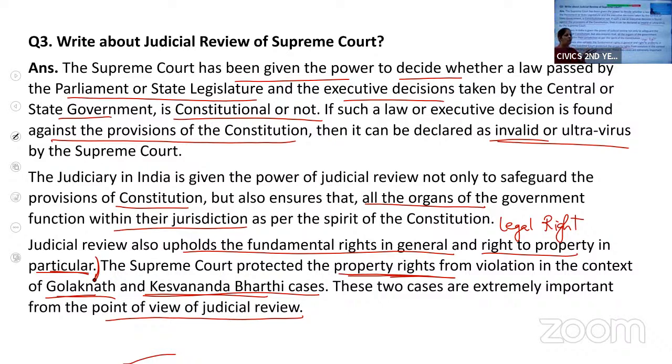It is the power of the court to validate the laws made by the legislature and decisions taken by the executive. If they are not according to the constitution, then the court can declare such laws or decisions as invalid, ultra vires or unconstitutional. So through this judicial review, the courts are protecting the constitution. I hope I'm clear with this.